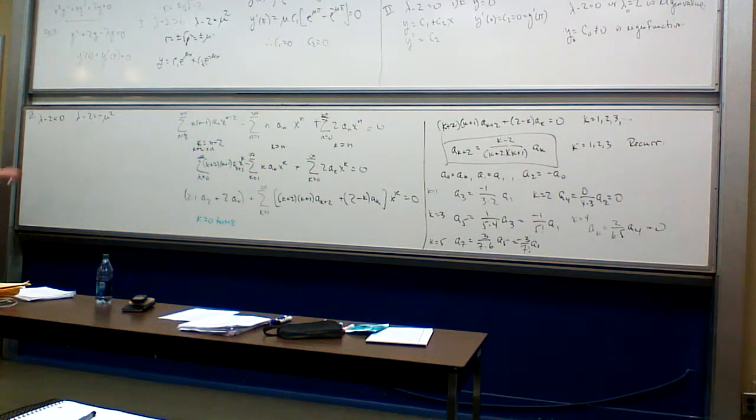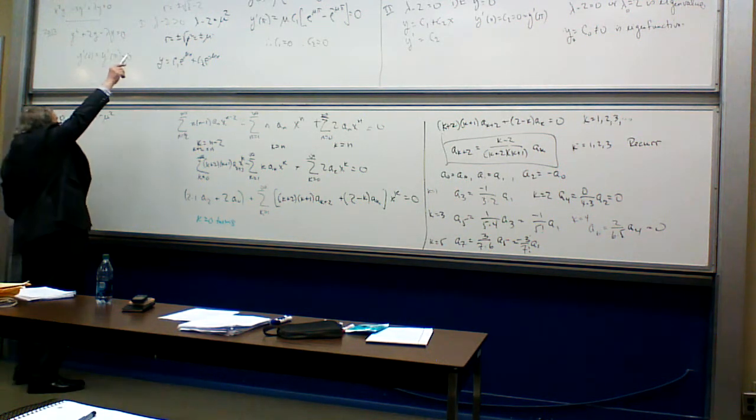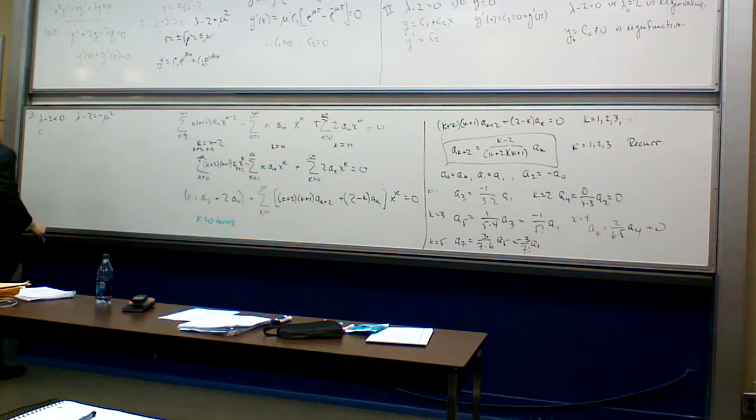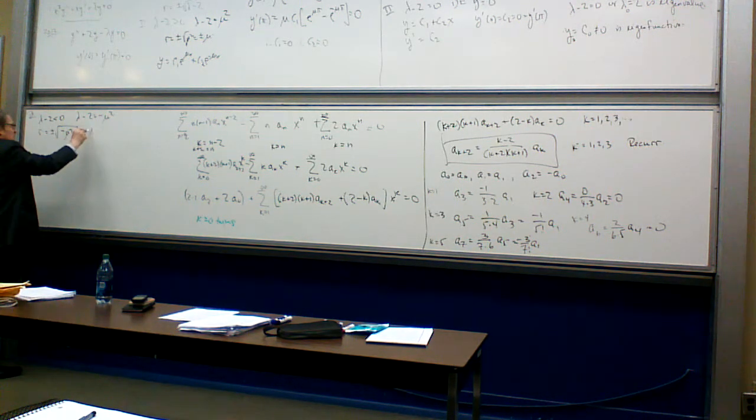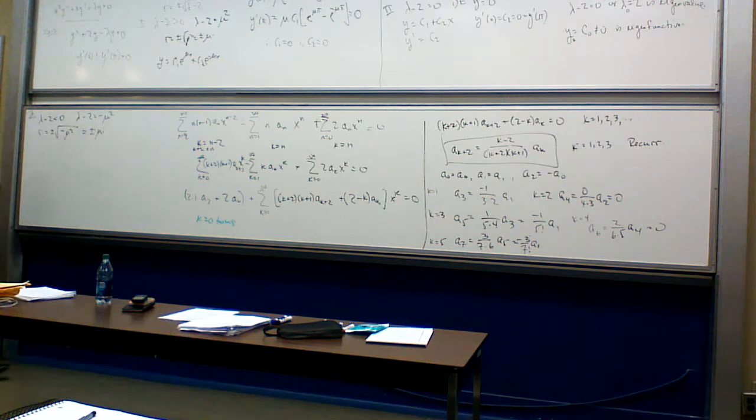I've simply moved down one letter in the alphabet, whether it be the Greek or the Latin one. So lambda minus 2 is negative mu squared. The solution to the characteristic equation up there, r equal plus or minus the square root of lambda minus 2, so that's plus or minus mu i.